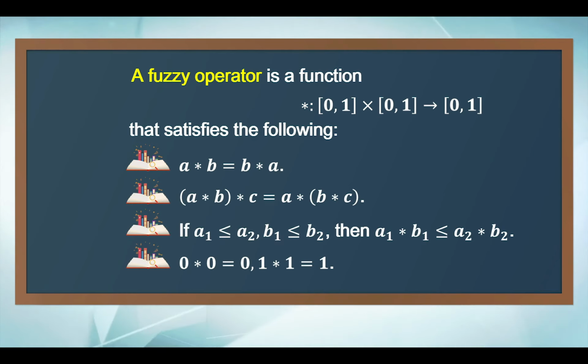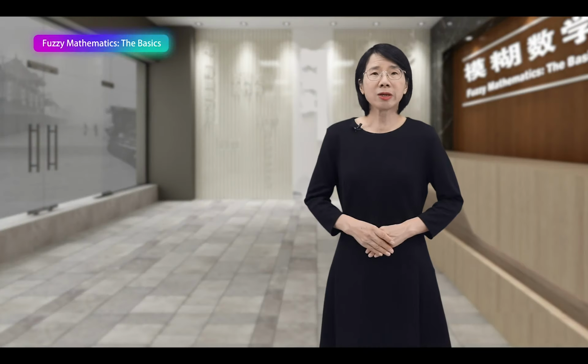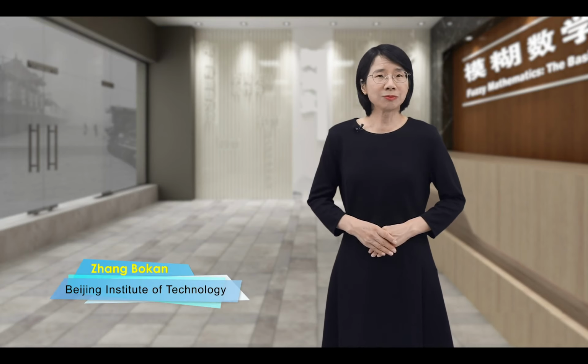The ordered pair 0, 0 is assigned 0. The ordered pair 1, 1 is assigned 1. The definition of fuzzy operator is a composite of generalized maximum and generalized minimum. Obviously, we need more specific definitions for each of them.